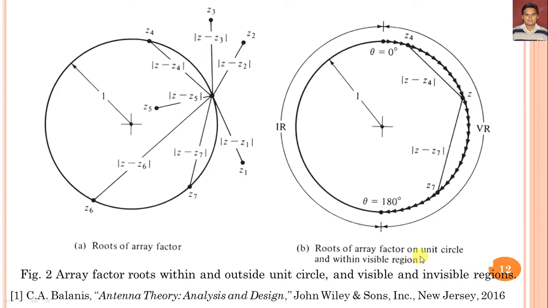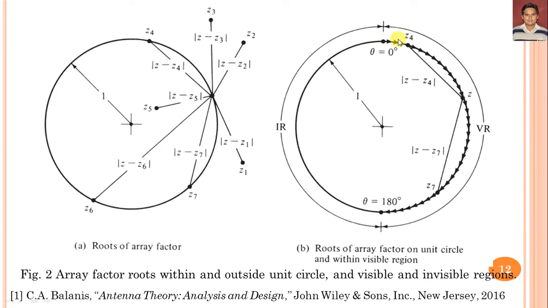We can calculate the roots of the array factor on the unit circle, and within the visible region you can see here the roots that lie on the unit circle from figure 2a, that is z4, z7 and so on with respect to z.